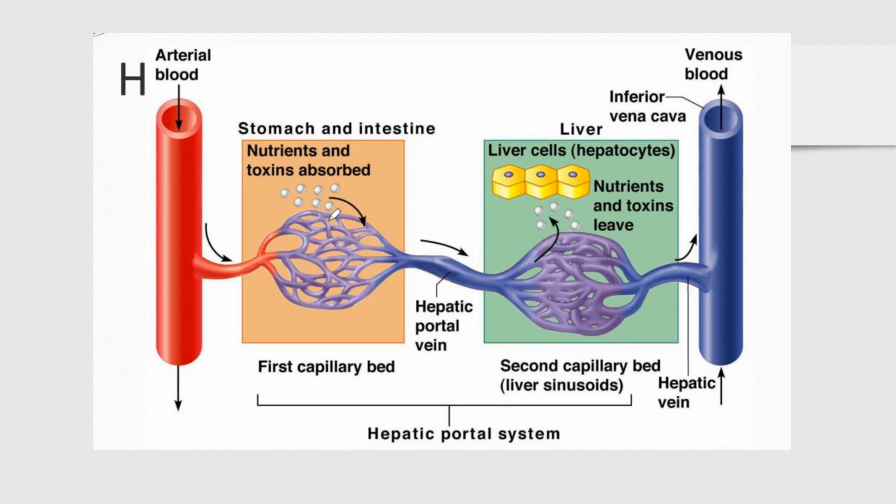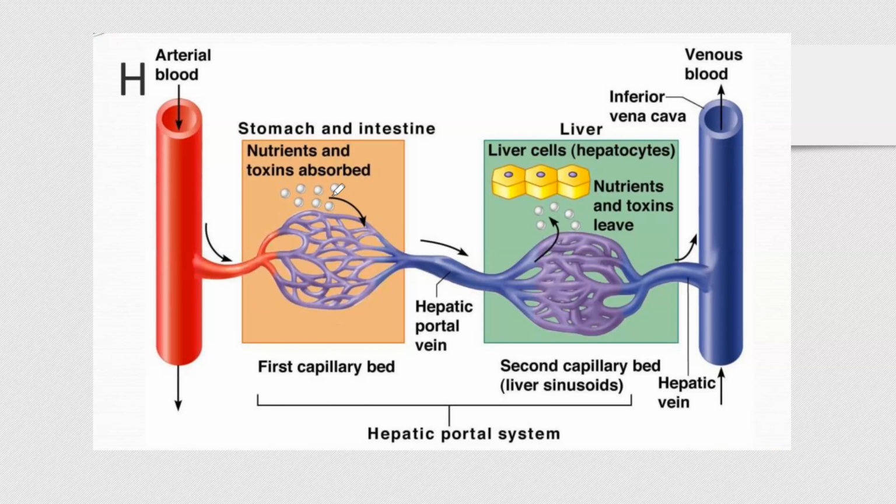And then, so imagine you have over here your stomach, your small intestine, your large intestine covered by these capillaries. So let's say this is your GI tract covered by these capillaries. Now you deliver oxygen and nutrients to your GI tract, but at the same time from the GI tract, you're going to pick up nutrients, right?